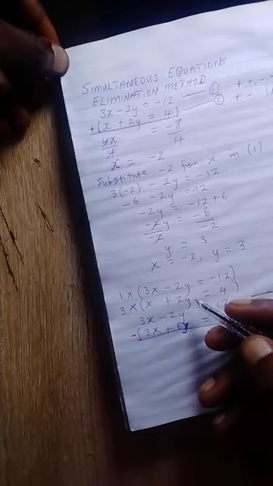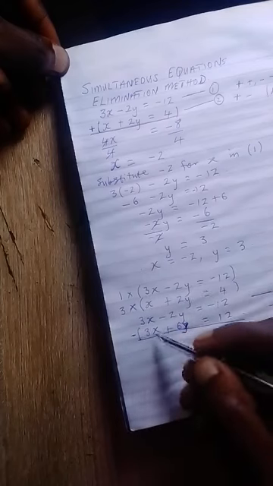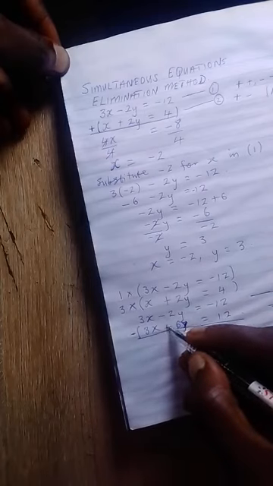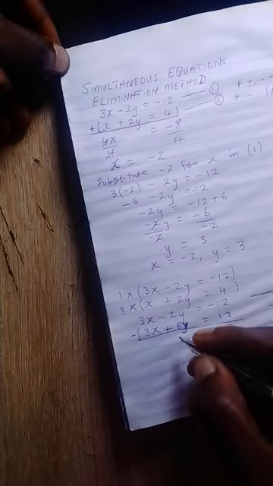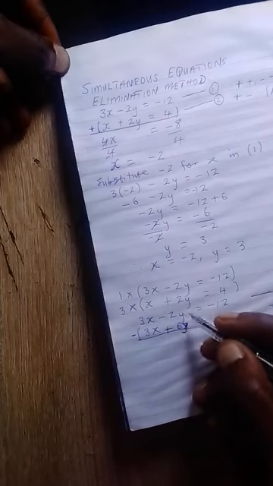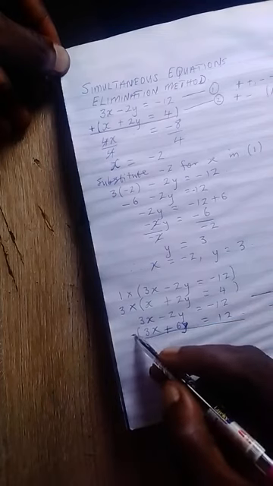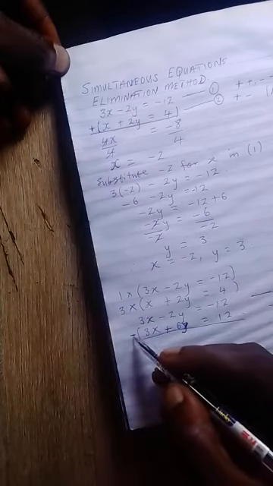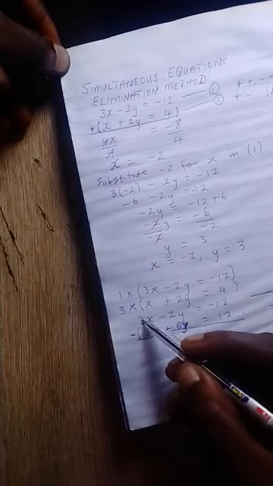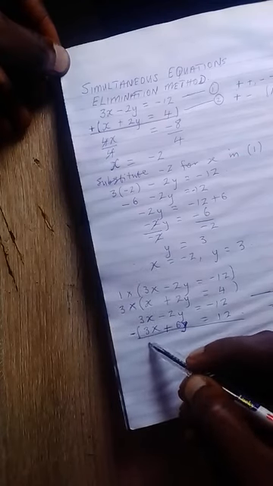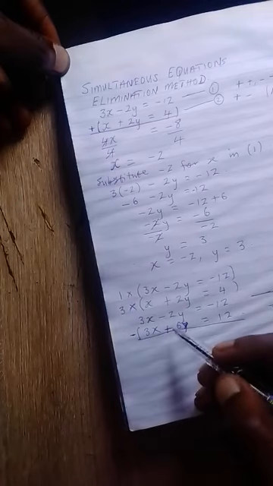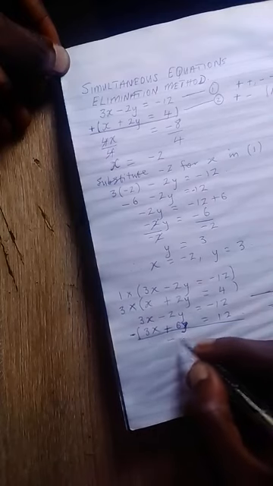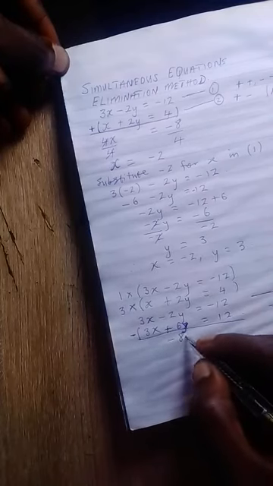So 3x minus 3x is 0. Minus 2y minus plus 6y will be minus 2y minus 6y, so it is minus 8y.